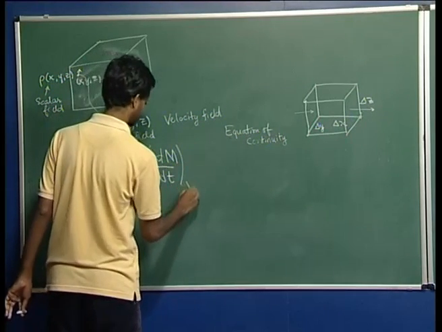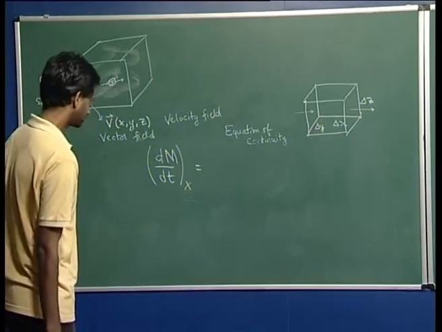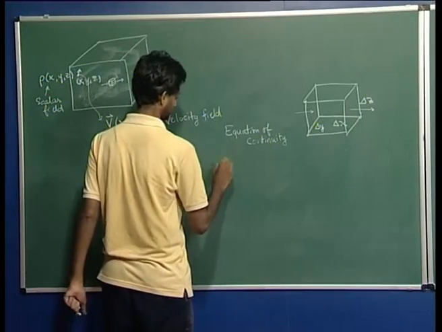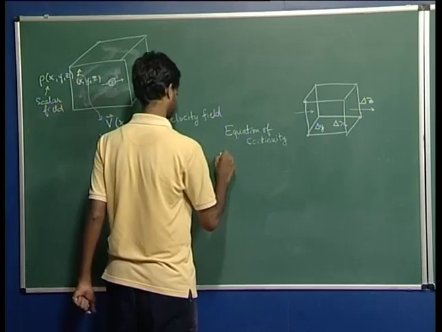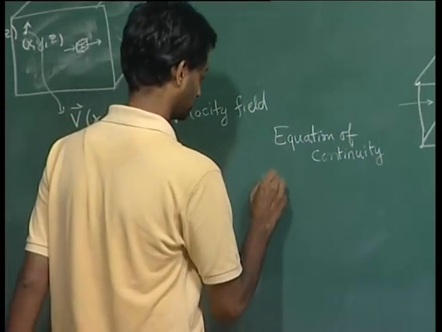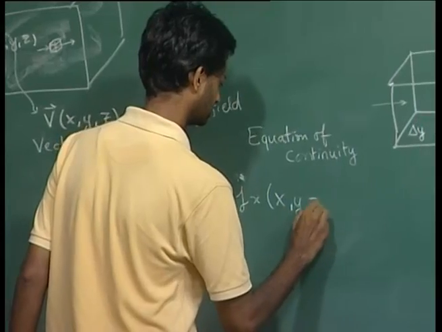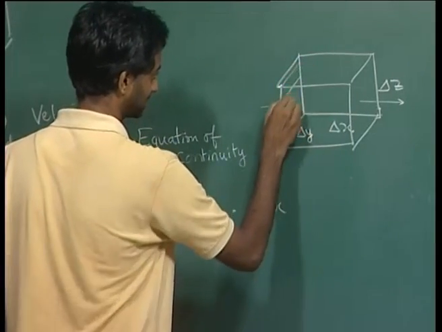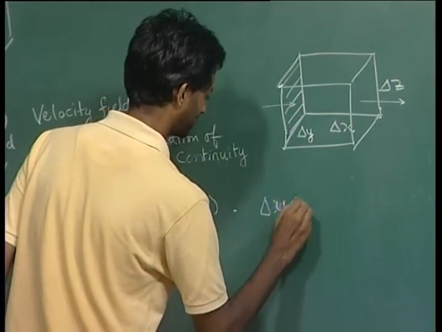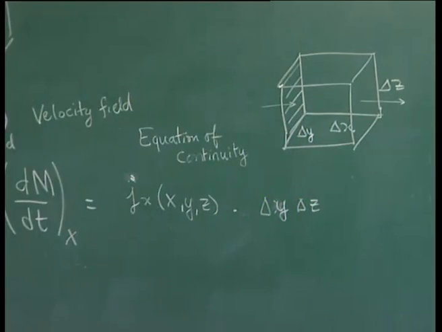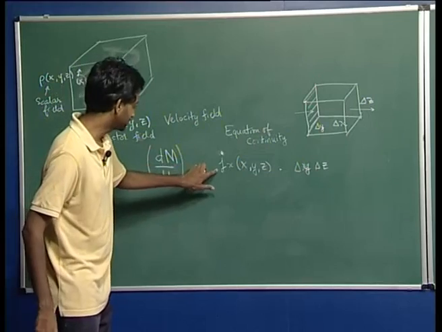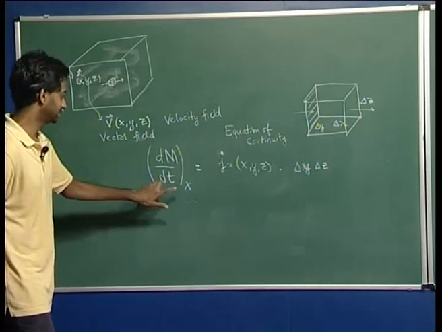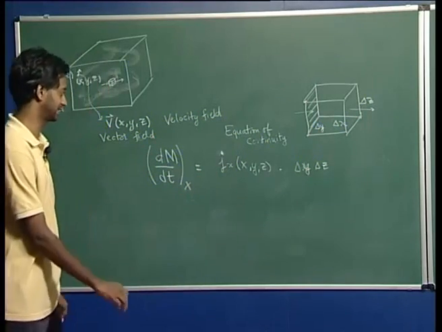So net mass flow in the x direction, across this area delta y times delta z, is equal to the current in the x direction times the area across which this matter is flowing. The current is the flow of matter per unit area per unit time. So dm by dt in the x direction has to be equal to the current in the x direction times the area.